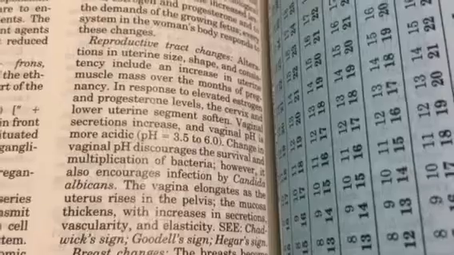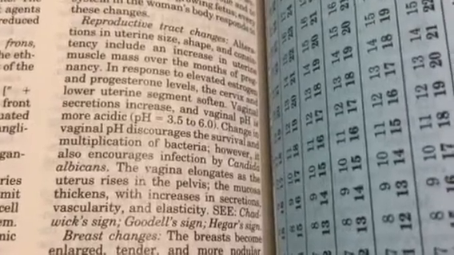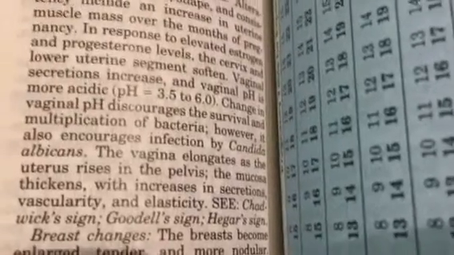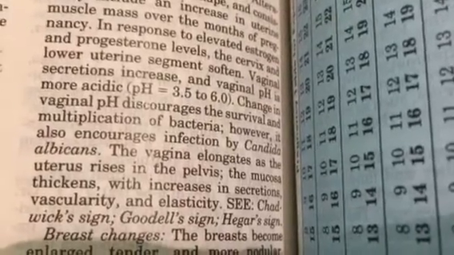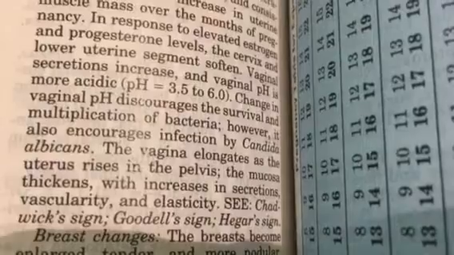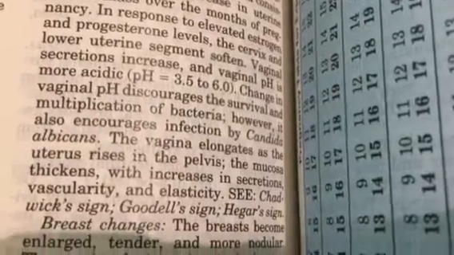Change in vaginal pH discourages the survival and multiplication of bacteria. However, it also encourages infection by Candida albicans.